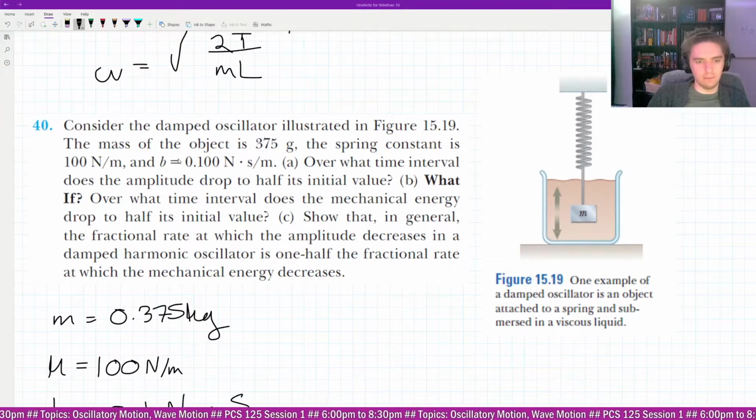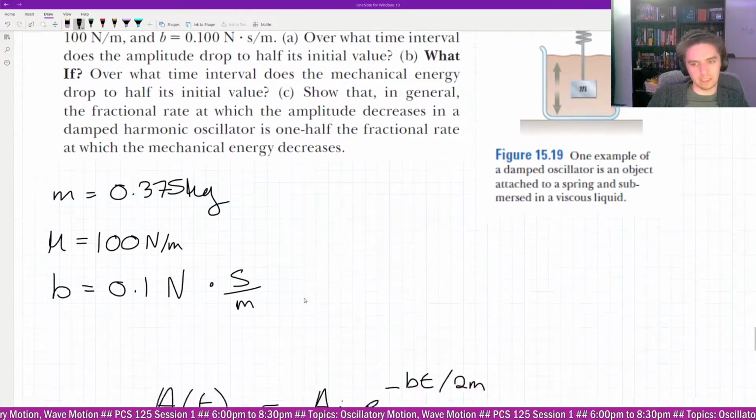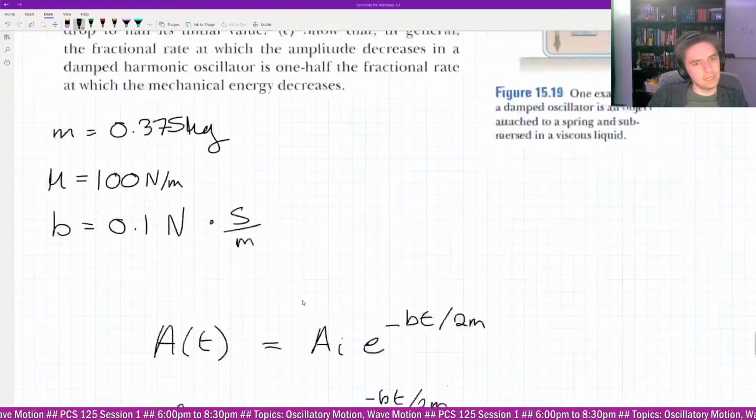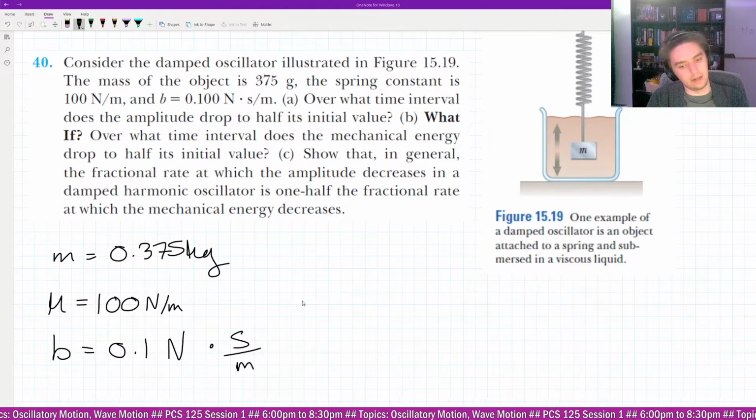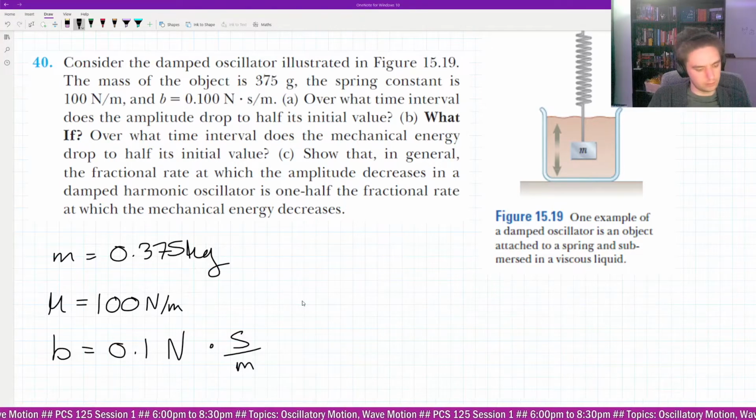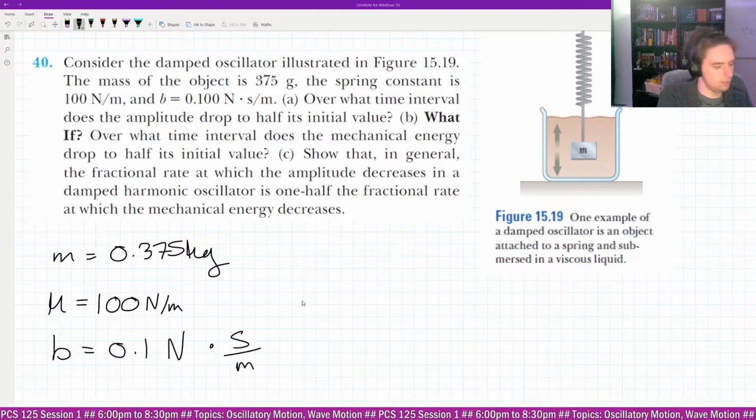Over what time interval does the mechanical energy drop to half its initial value? Okay, the mechanical energy is the sum of the potential and the kinetic energy, of course without the damping being part of the system.